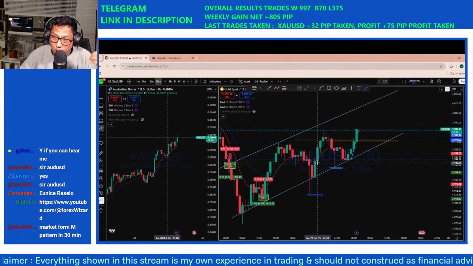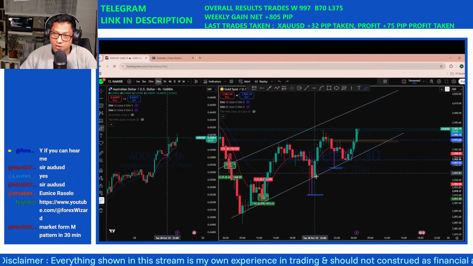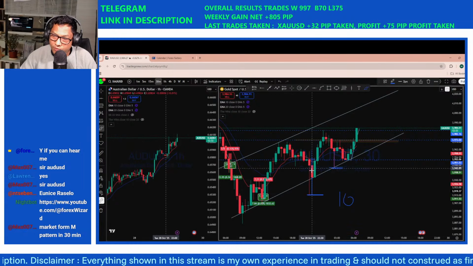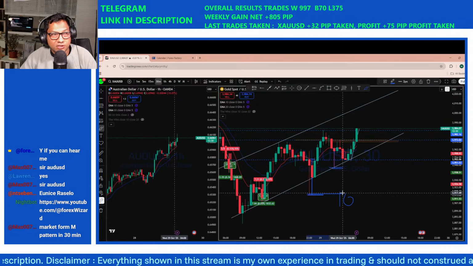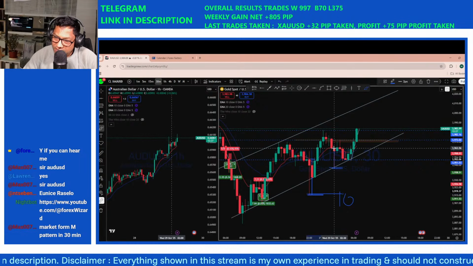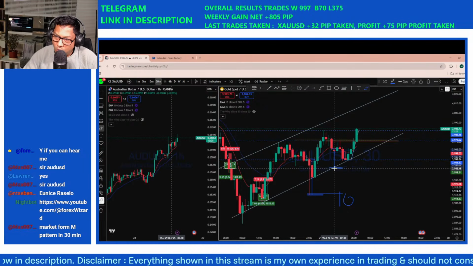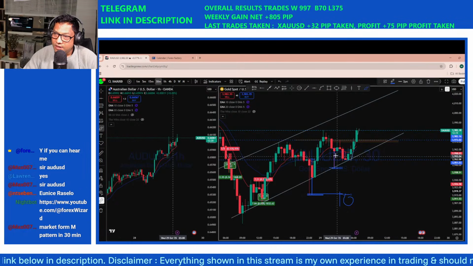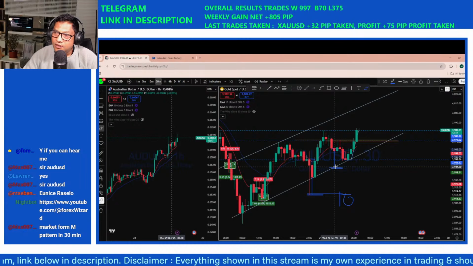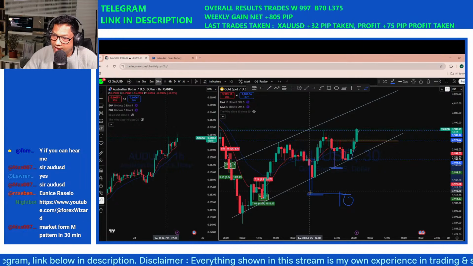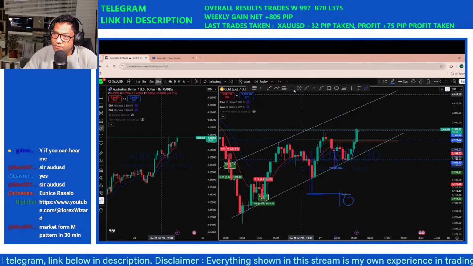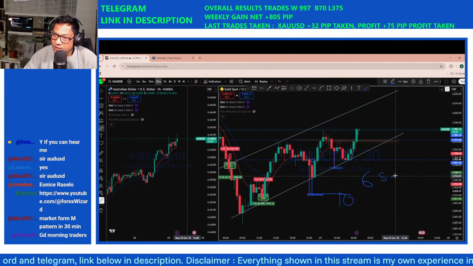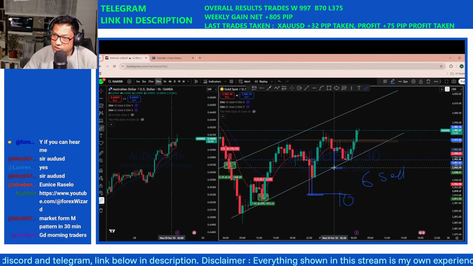To drop that price, let's say 10 sellers are needed to drop the price from this level to this level against buyers. Now when the market is here, what happened? The sellers couldn't drop this price that far. If you compare this length with this length here, there were 6 sellers needed to drop this price.